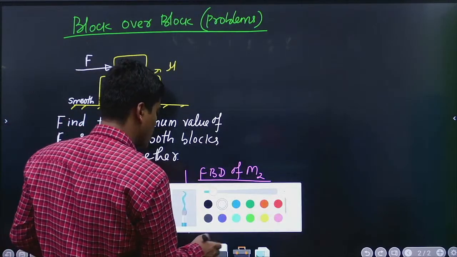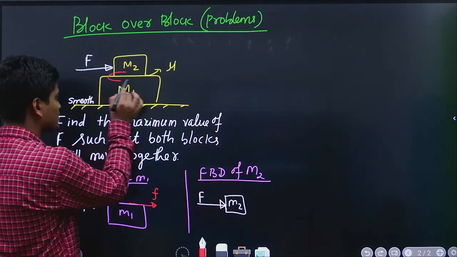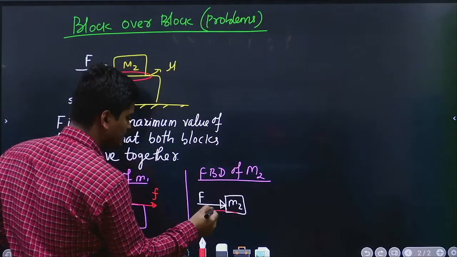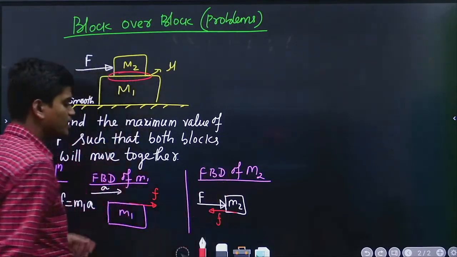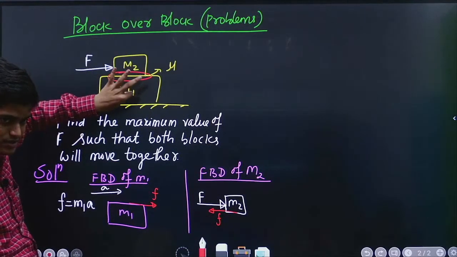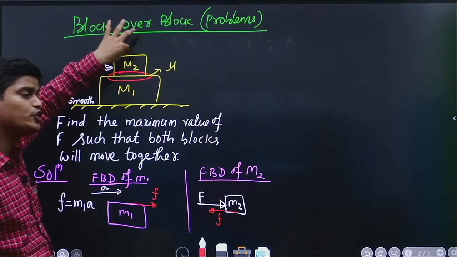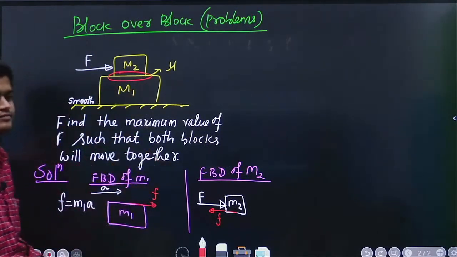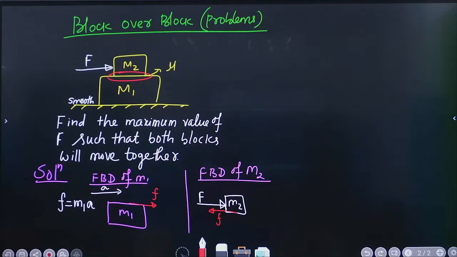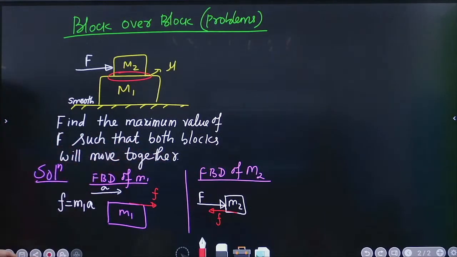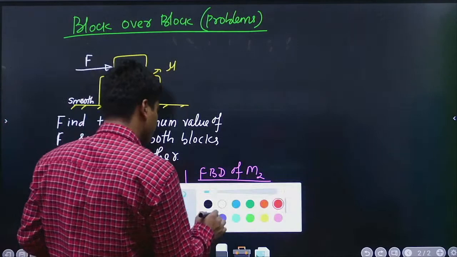This is the contact surface, so the frictional force acts parallel to it, in this direction, backward. Friction will tell M2 that M1 is at rest, so you don't move, such that both M1 and M2 stay together, because friction always opposes relative motion and does not want motion to happen between these two.